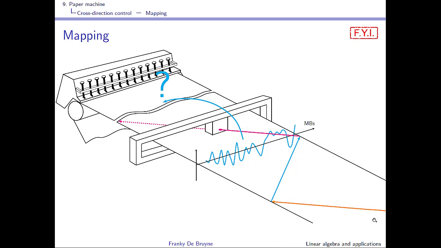We would like to aggregate the information that we have in our profile to obtain something that can be usable to control grammage and to actuate on the lip opening. So in summary, we would like to go from a profile that is in measurement boxes, and that has a lot of resolution, to a lower resolution profile where you have on the x-axis the actuators, so that you obtain a grammage measurement for each of the actuators. This is called mapping.